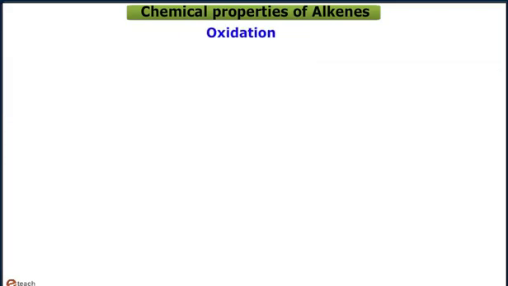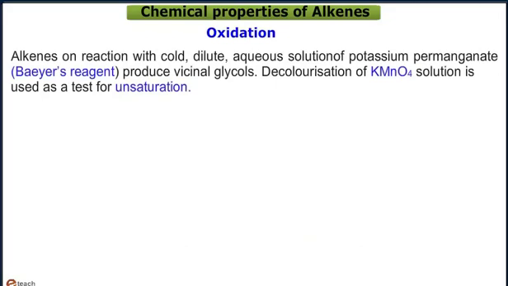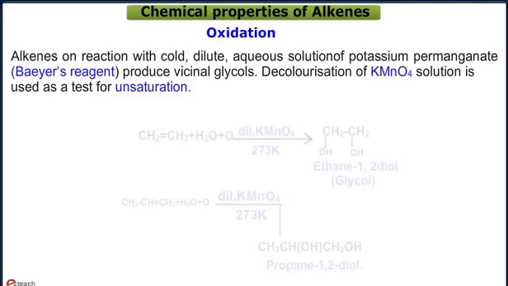Oxidation. Alkenes on reaction with cold dilute aqueous solution of potassium permanganate, that is Baeyer's reagent, produce vicinal glycols. Decolorization of KMnO4 solution is used as a test for unsaturation.